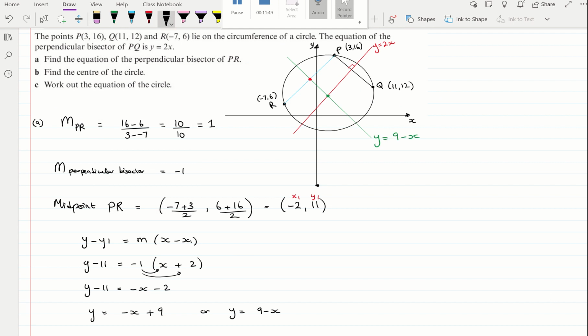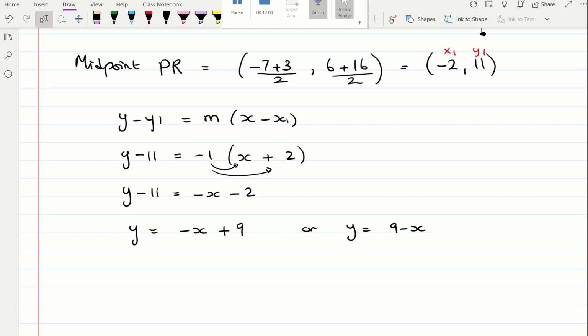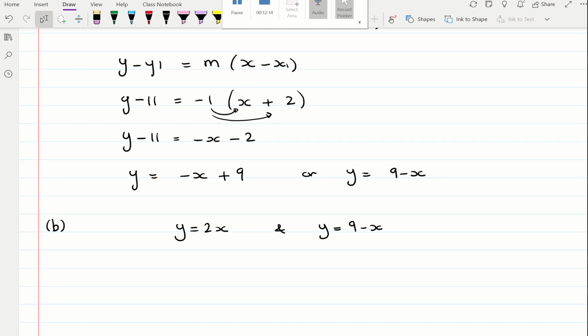Part B says, find the center of the circle. Well, the center of the circle is where the two perpendicular bisectors meet, and we have both of their equations. So that's a very simple simultaneous equation. You've got y equals 2x and y equals 9 minus x. You equate them because they both start with y. So 2x equals 9 minus x.